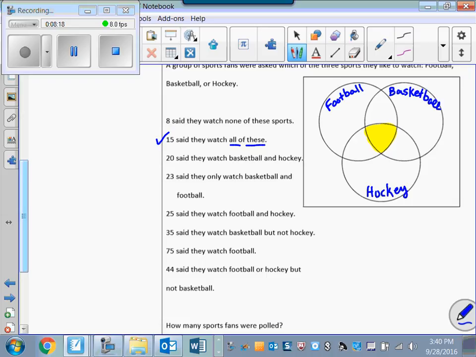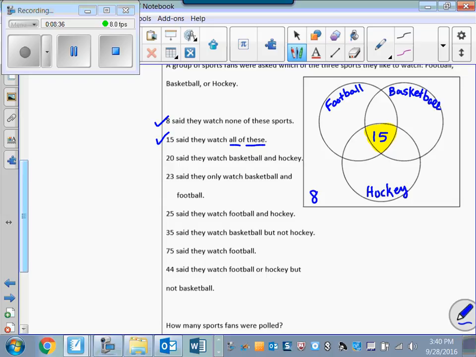So this is where my 15 is going to go. That's always where you want to start. Or I could start here with the 8 people who said they don't watch any. These 8 people are going to go right down here. They don't watch any. 15 watch all 3, so I'm going to put the 15 right there.